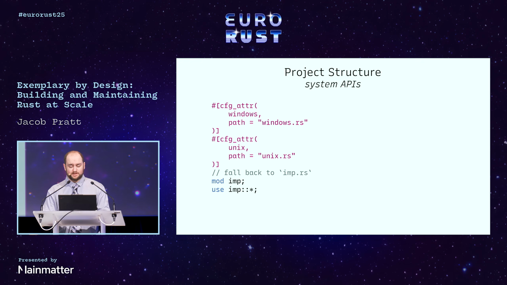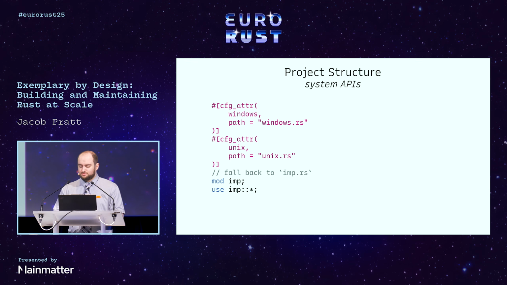I can then re-export everything, as each OS should have the same API exposed. While not explicitly declared, if the attributes all fall through, then the module will load imp.rs, as the path is not specified, and that's just the default for module resolution.